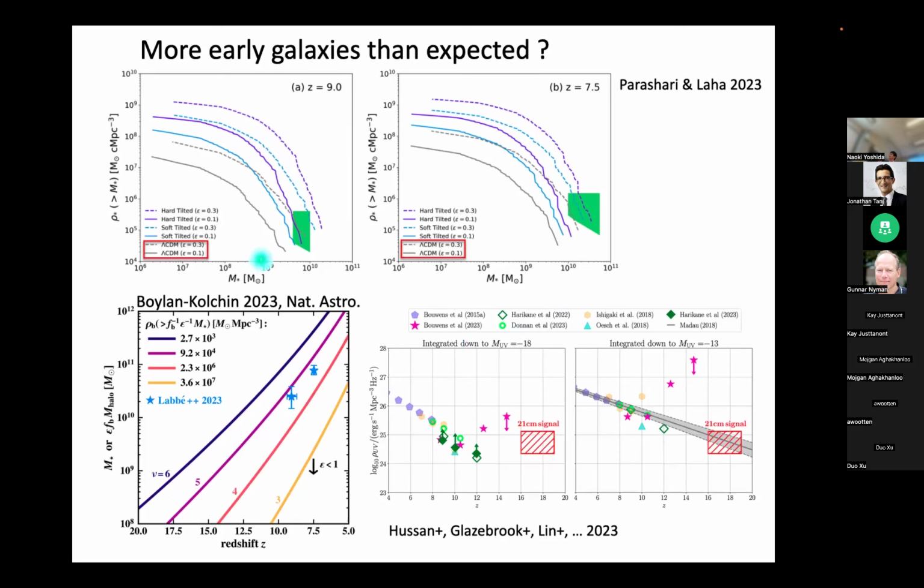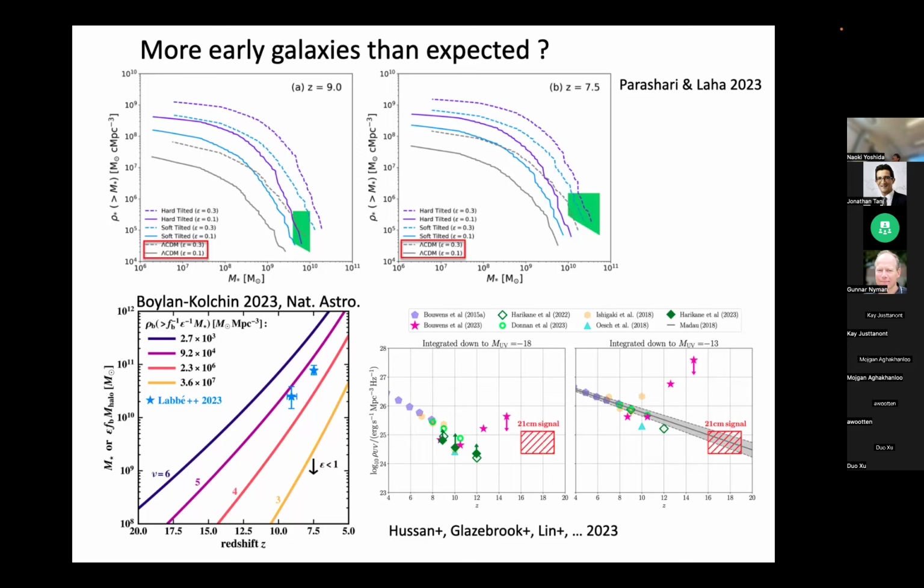But let me take this case. If we plot the integrated stellar mass density at redshift 9 and redshift 7.5, the observations point to these green regions. For now, we believe all these observations, and I know at least one or two of the galaxies turned out to be low-redshift interlopers.